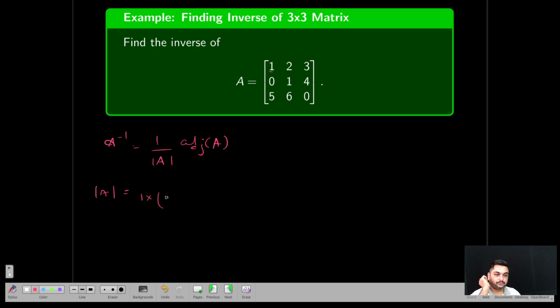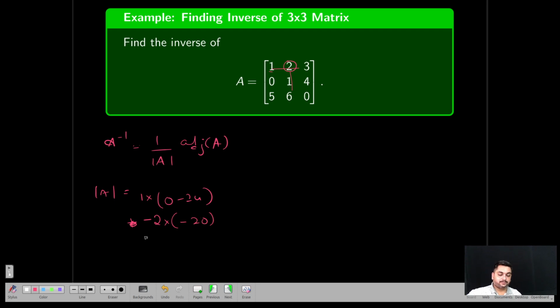Then this is 0 minus 24, plus second element: minus 1 power 1 plus 2, that is 3, so minus 1 cube is minus 1. So it becomes 2, this element, into, this row is ignored, this column is ignored, 0 minus 20.